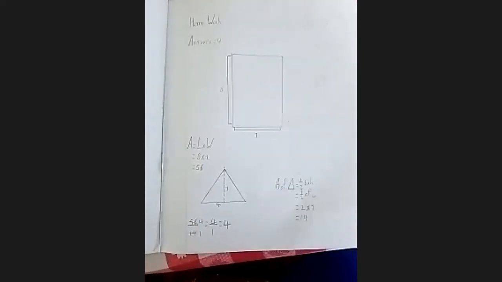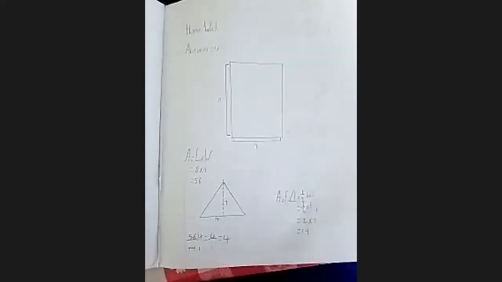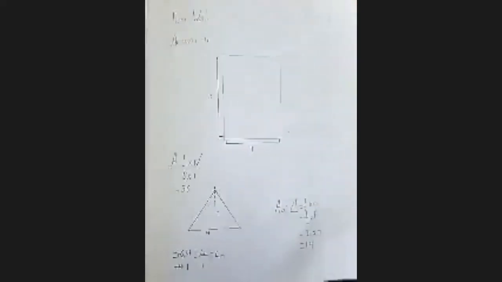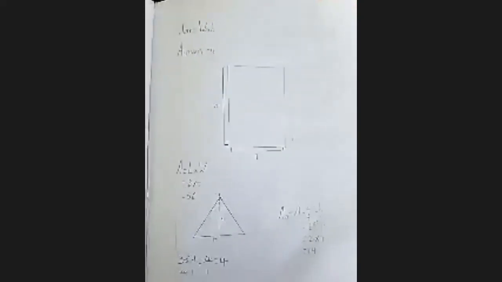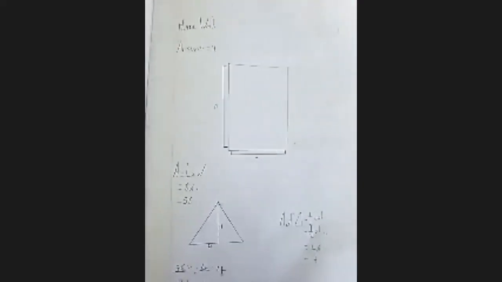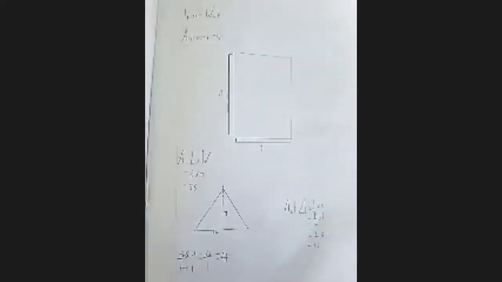So let's start off with what the instructions for the homework were. You had to find any shape in your house. Make any area you want. Draw your measurements to justify the area.